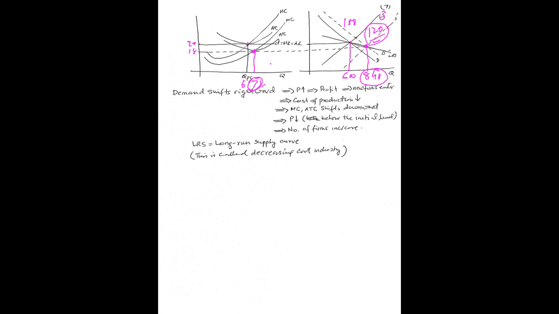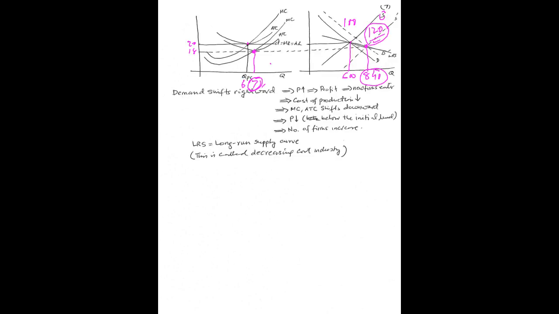Remember this, because if I go back to a constant cost industry, notice in a constant cost industry, yes, total industry output increases, but each firm is still producing the same. Yes, we have more firms. In the decreasing cost industry, we have more production, more firms, and each firm is also producing more.